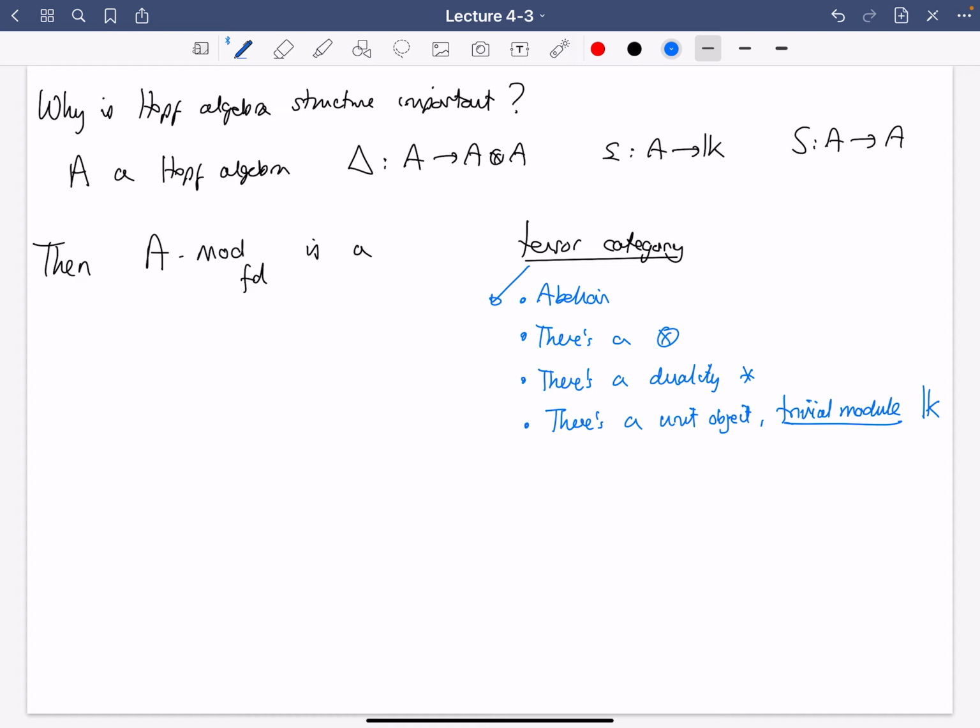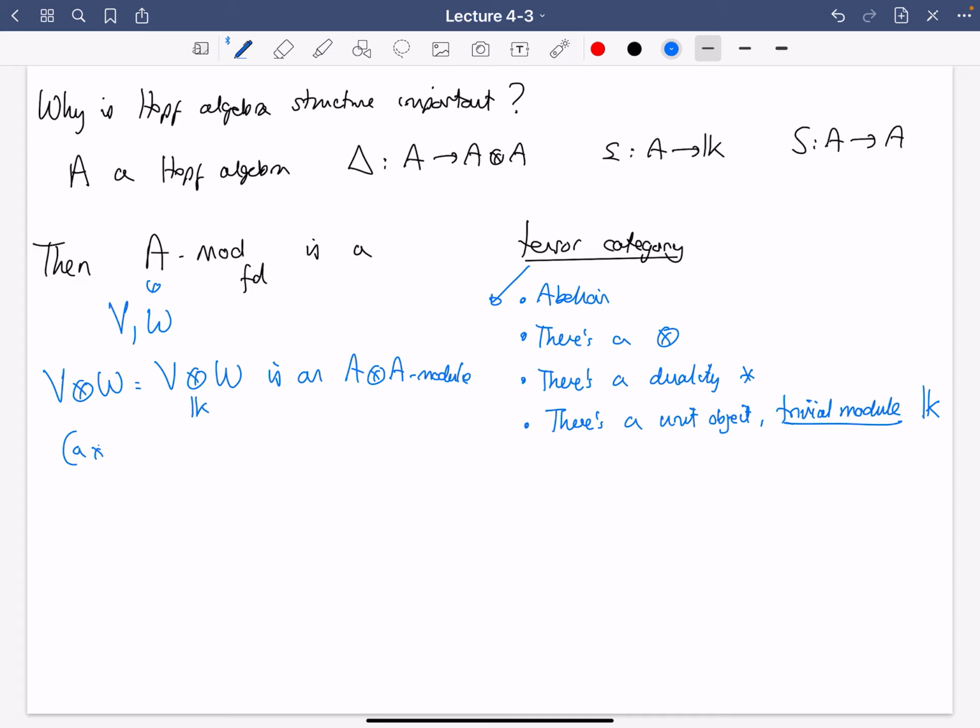These are all fairly straightforward. Of course it's modules over a ring, so it's an abelian category. So what's the tensor structure? If you have V and W A modules, then V tensor W means just the tensor product of those vector spaces over the field. Everything is over that field, so tensor means tensor over that field. This is, of course, an A tensor A module.